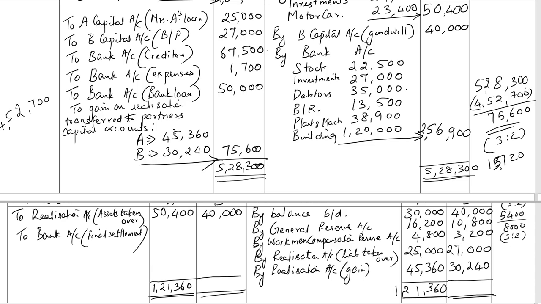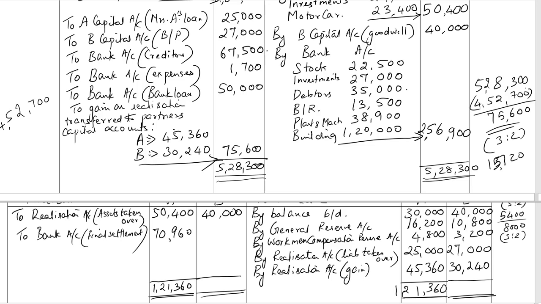The balancing figure, 1,21,360 minus 50,400, is 70,960 rupees.